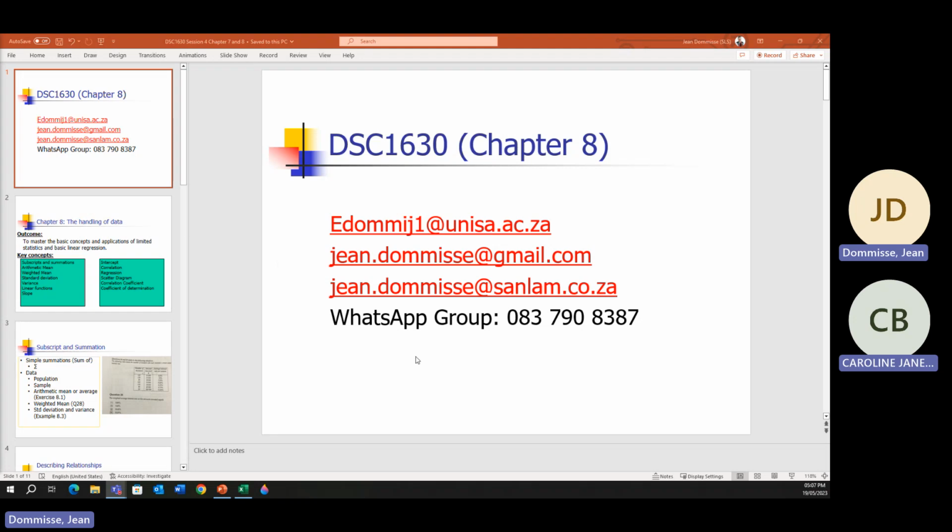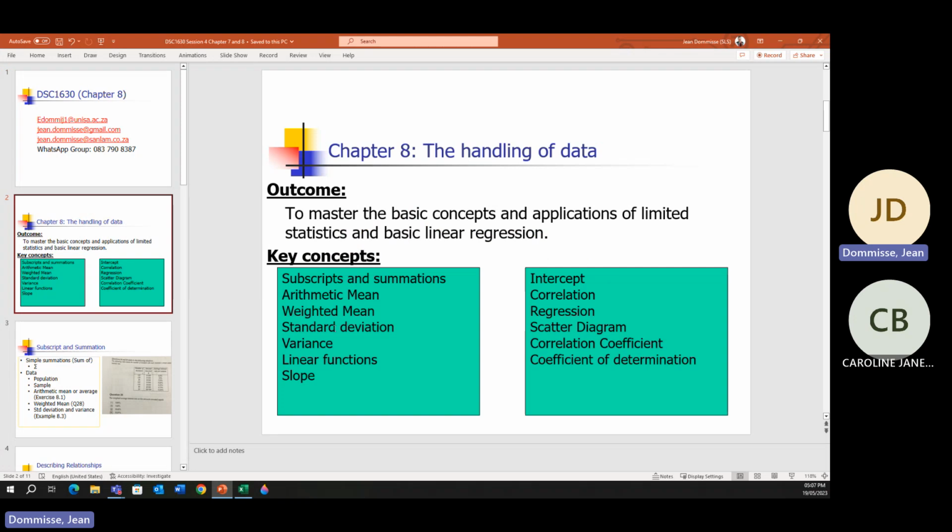Okay, so what I just highlighted are the things that we will be going through. I think what is important nearly is how they call certain things. So arithmetic mean is just a normal mean.